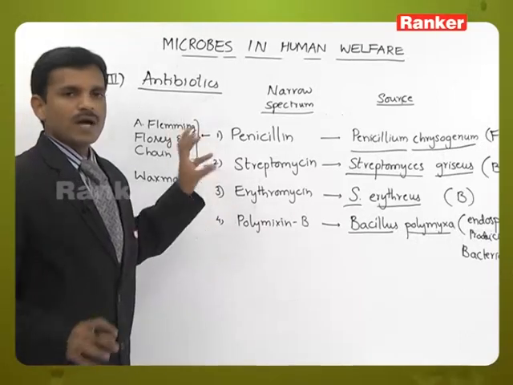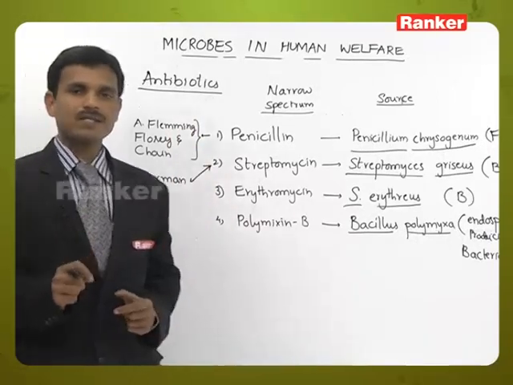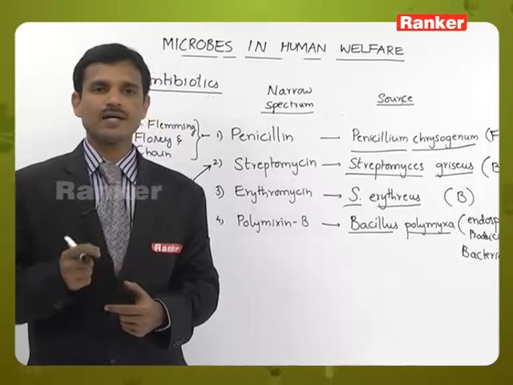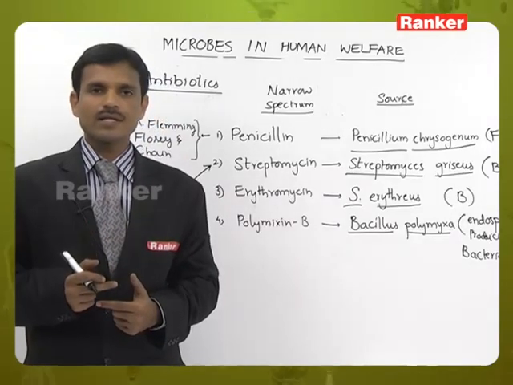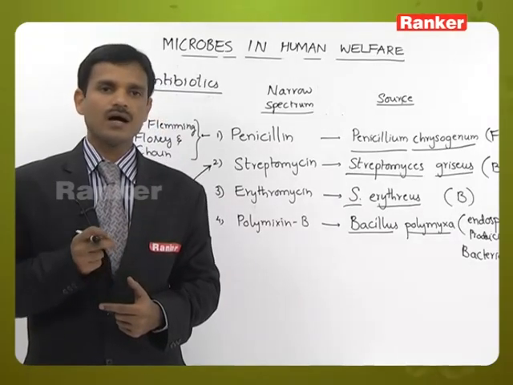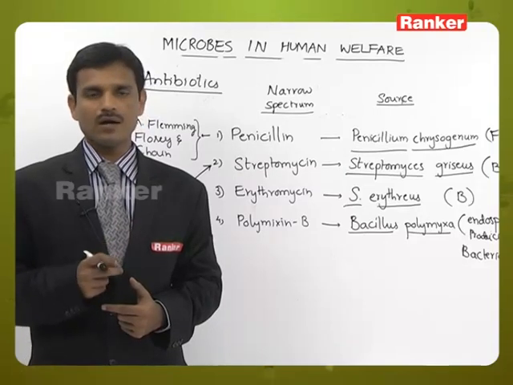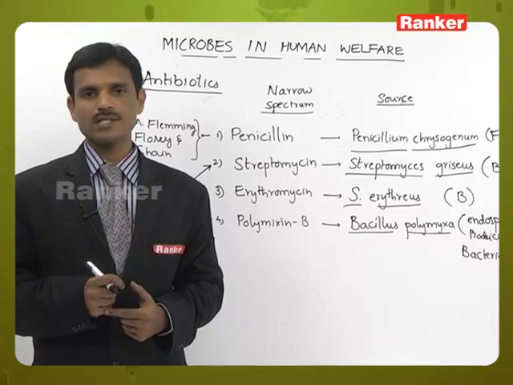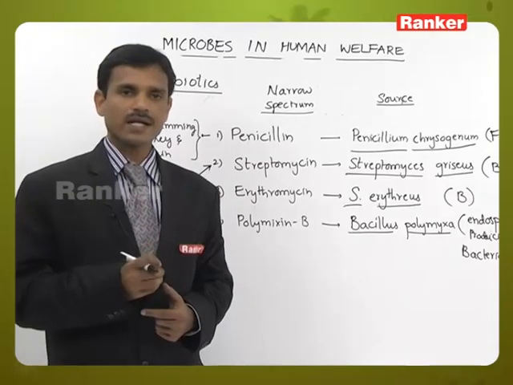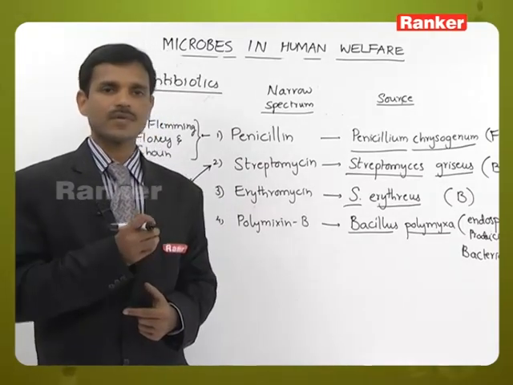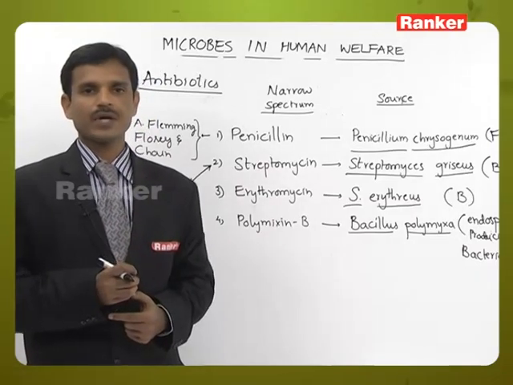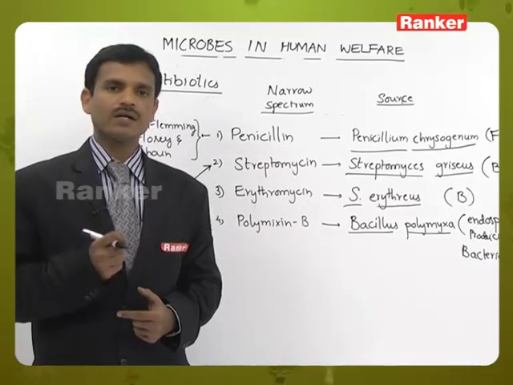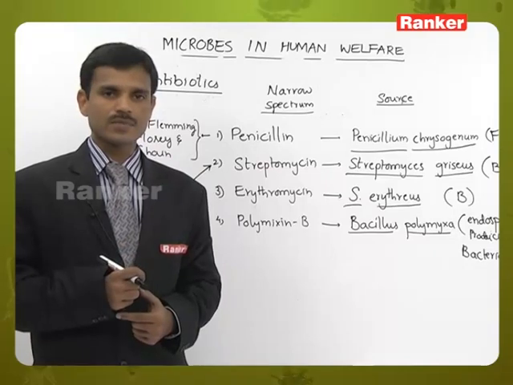So these are some antibiotics. Antibiotics are against life, and their targets are pathogenic fungal members, bacteria or other pathogenic organisms. They are extracted from bacteria or sometimes fungal members, and they do not kill non-target organisms.